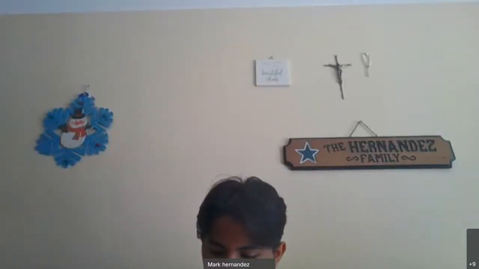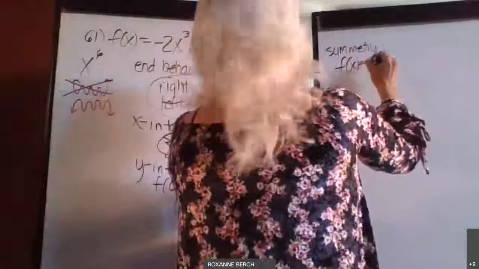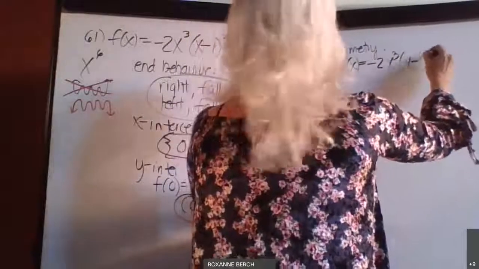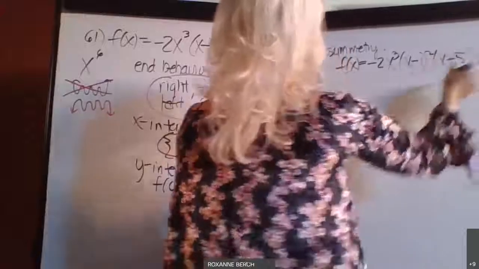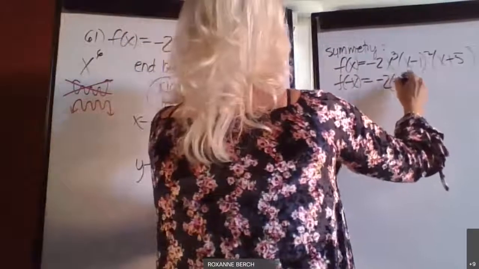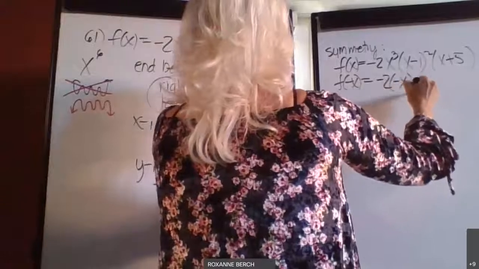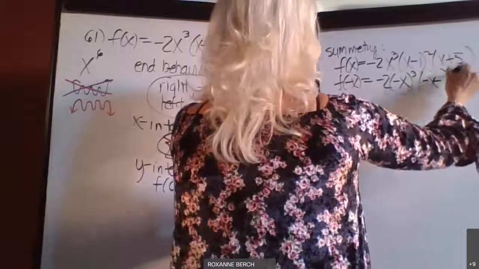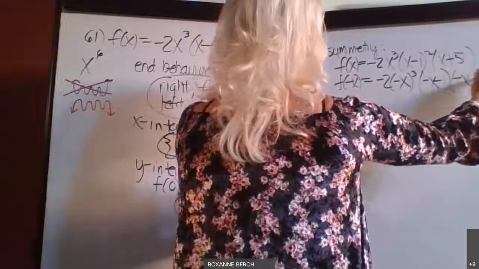And so the symmetry, for the fun of it, we have f of x is equal to negative 2x cubed times x minus 1 squared times x plus 5. Let's see if there's any symmetry. Put in a negative x. So negative 2 times negative x quantity cubed times negative x minus 1 squared times negative x plus 5.